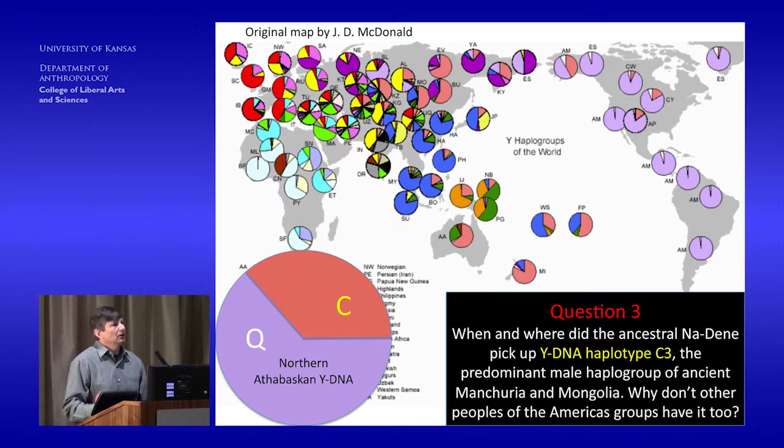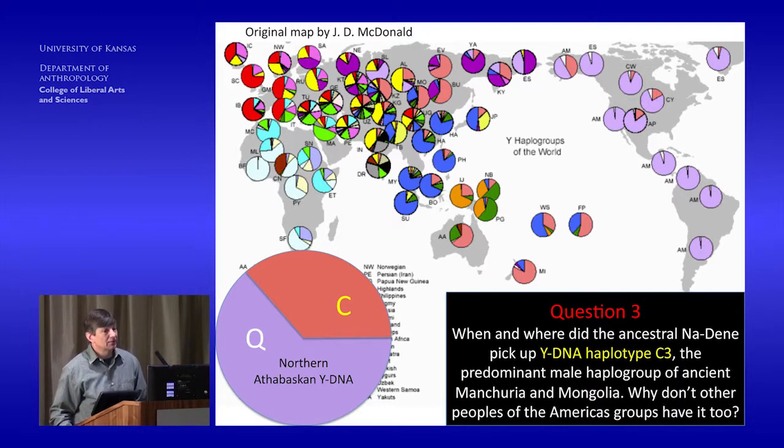The Na-Dene people are different in their Y DNA from the rest of the American Indians in North America and in Central and South America, in that they have another male haplotype that is fairly largely represented in that particular population, and that is the C3, a subclade of the C3 Y DNA haplotype.